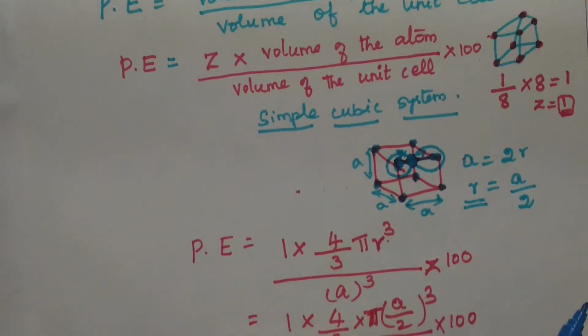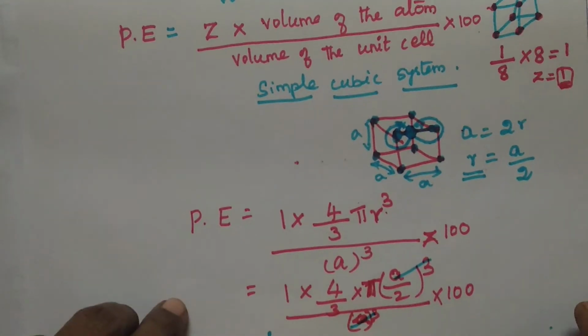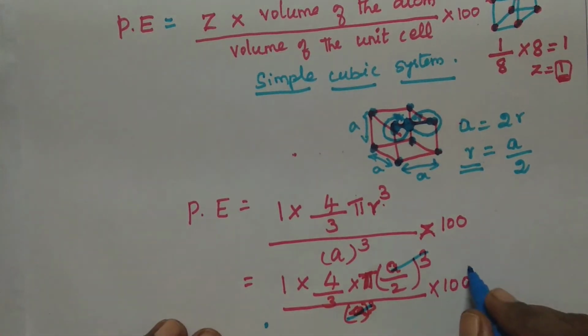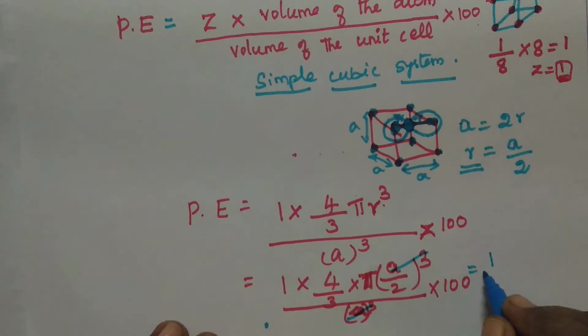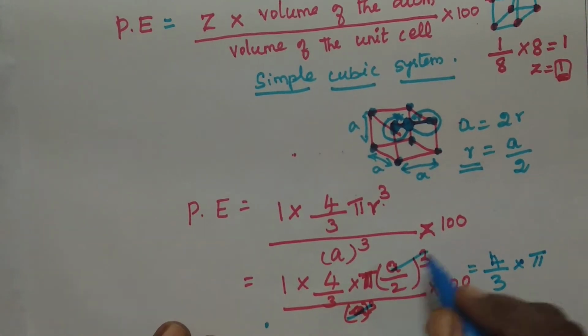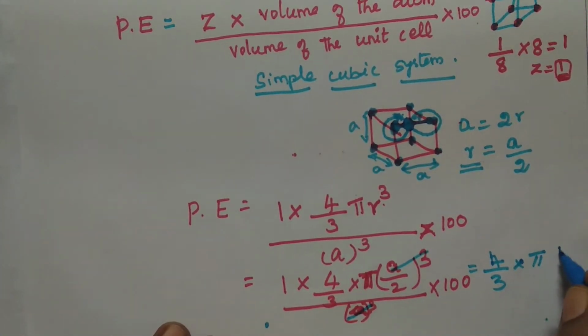This A cube and this A cube get cancelled. So I can write 1 into 4 by 3, let it be 4 by 3 itself, 4 by 3 into pi. A cube gets cancelled. So 1 by 2 the whole cube, that is equal to 1 by 8, 1 by 8 into 100.